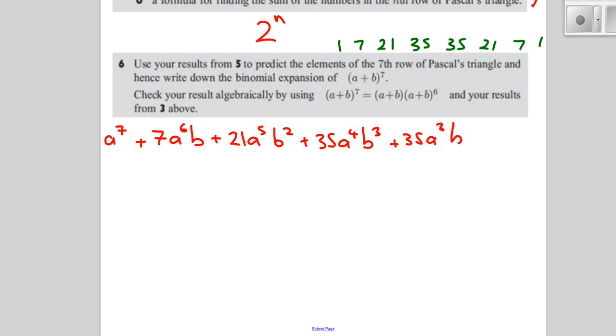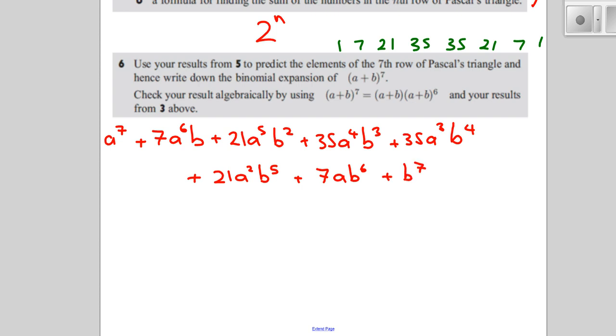You have to really concentrate, don't you? And then continuing on. 21, yeah. 7, yeah, that's right. You don't need to write 1 times b to the 7. If it helps, you could put in the 1.